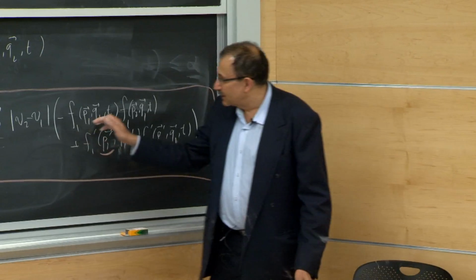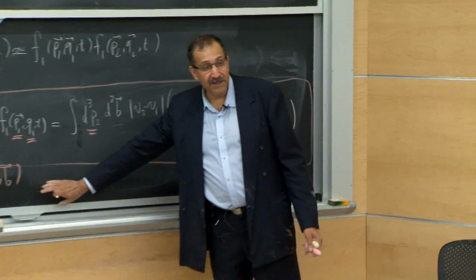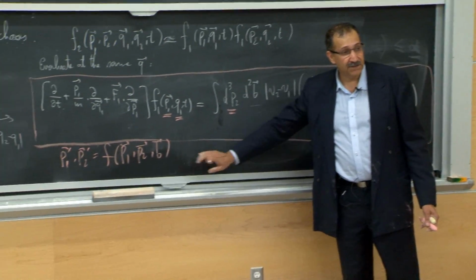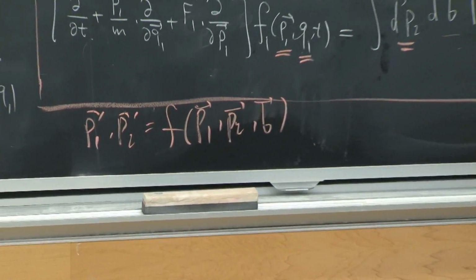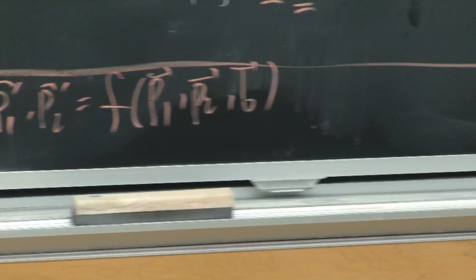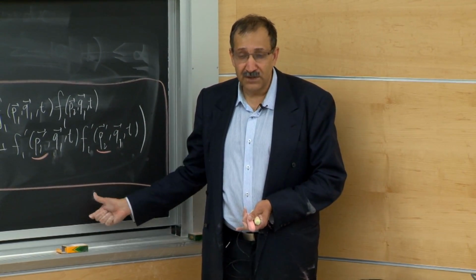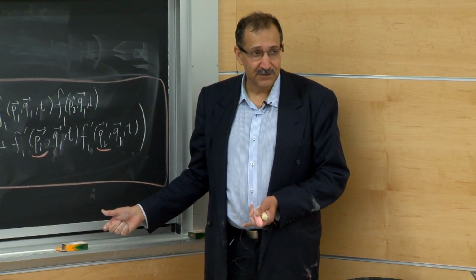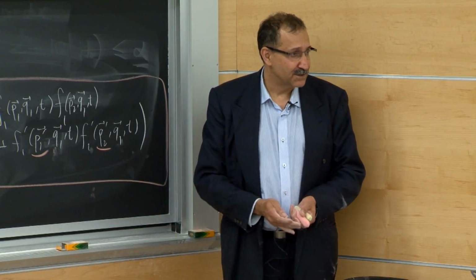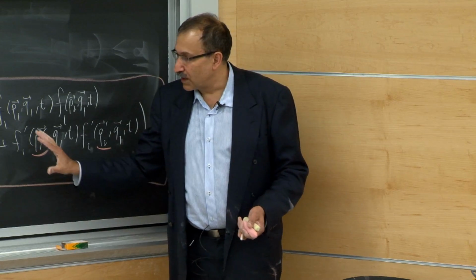So this equation, in fact, hides a very, very complicated function here, which describes P1 prime and P2 prime as a function of P1 and P2. And if we really needed all of the details of that function, we would surely be in trouble. So fortunately, we don't. As we shall see shortly, we can get a lot of mileage without knowing that.